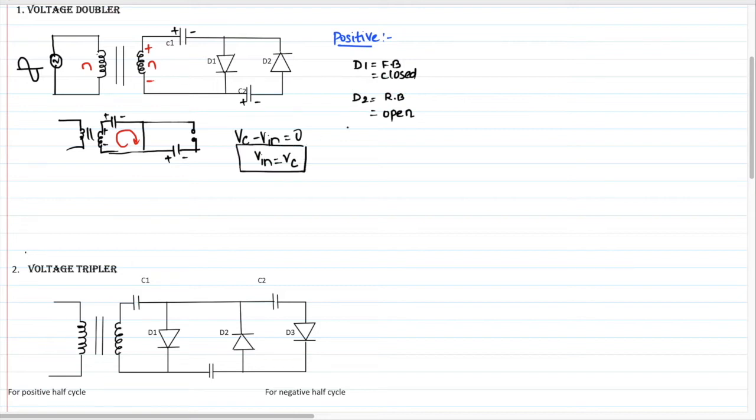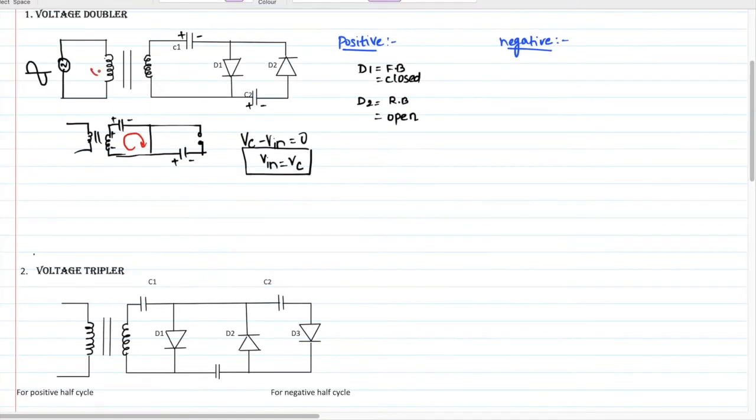Now let's apply a negative cycle. What happens when you apply a negative cycle? This X will become negative and this will become positive. When you apply negative to the anode of diode D1, diode D1 will become reverse biased and it is now open.